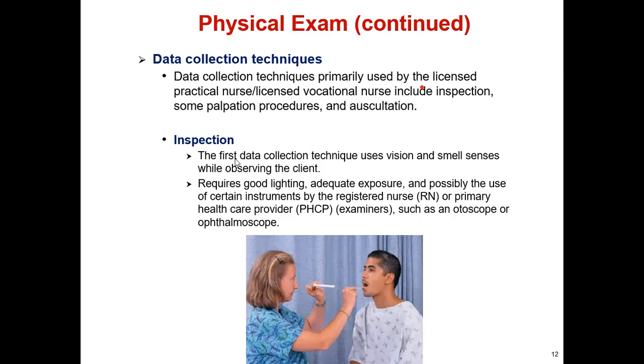So the first data collection technique uses vision and smell. You can watch, you can see your patient and you can collect the data. And when patients sit, if the patient is alcoholic, you can get an alcoholic smell.